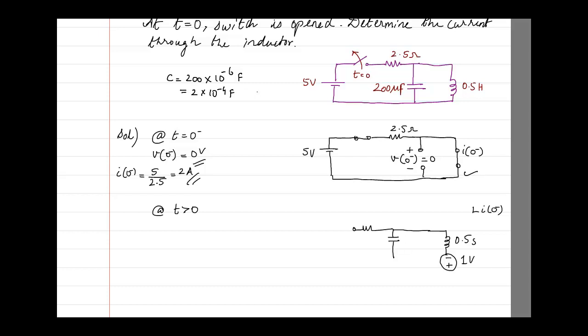So 1 by C is 1 divided by 2 into 10 raised to power minus 4 S, correct? 10 raised to power 4 will go up, so from the denominator I will take this out and take it to the numerator.